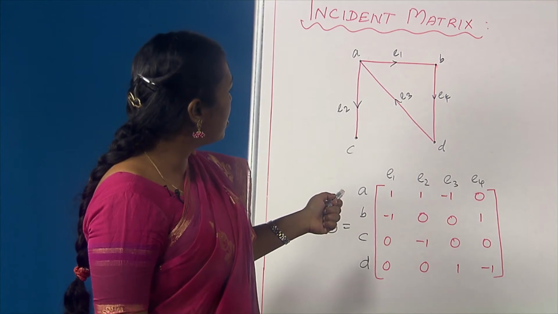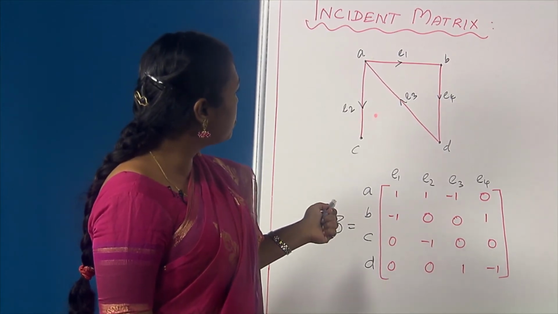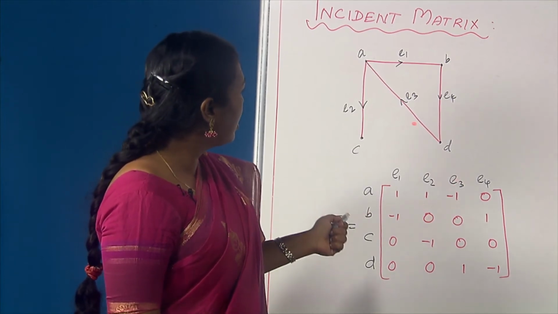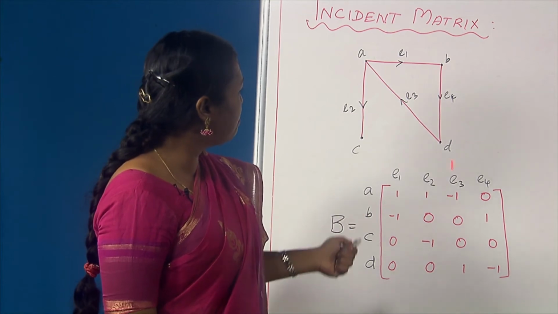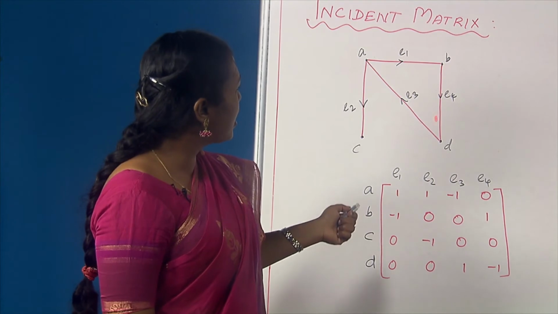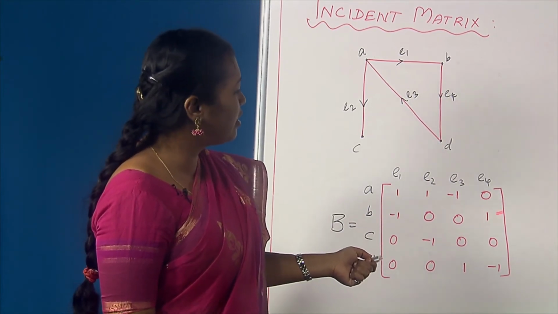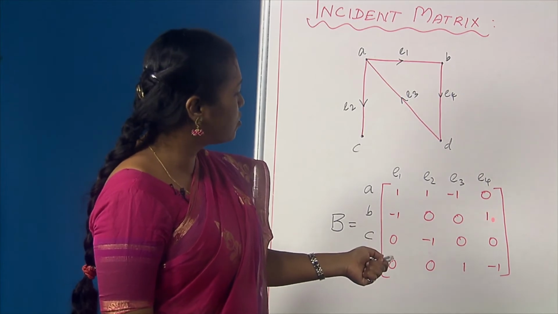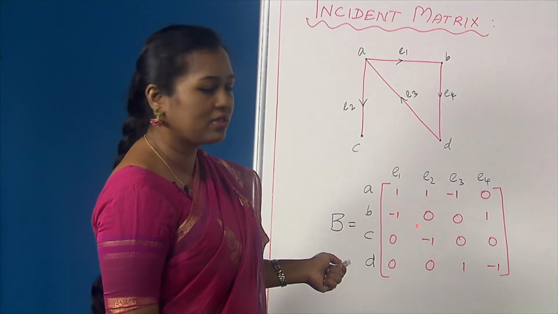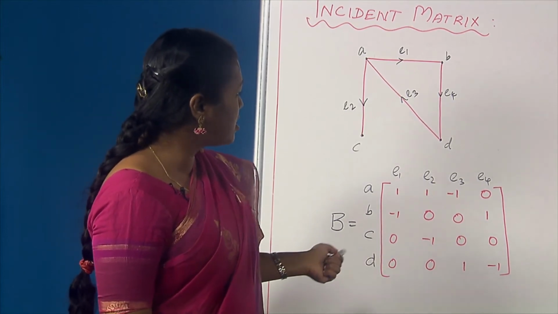E2 is not incident upon B, and therefore it is 0. E3 is also not incident upon B, and therefore 0. E4 is going outside of B into D, therefore in keeping with the notation, it is plus 1. So, 1 if it is going out, minus 1 if it is coming in. That is the notation we are using here.